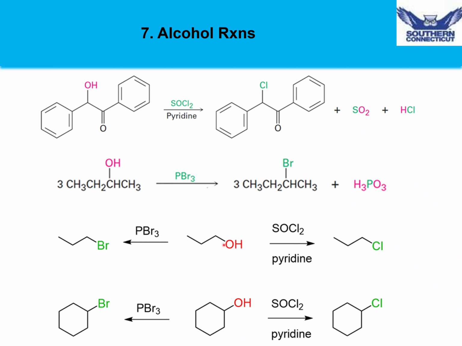A primary alcohol will be converted with PBr3 into an alkyl bromide and into a chloride with thionyl chloride. And then this secondary alcohol is similarly converted into the corresponding chloride and bromide with thionyl chloride and PBr3.